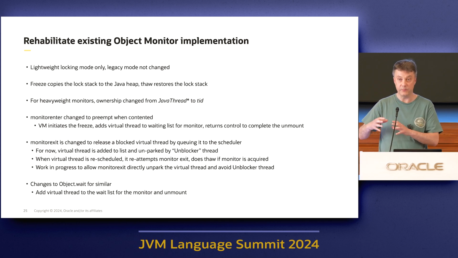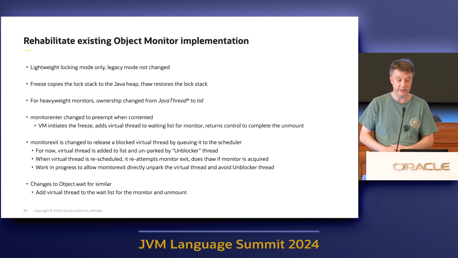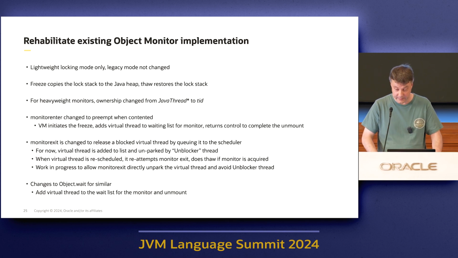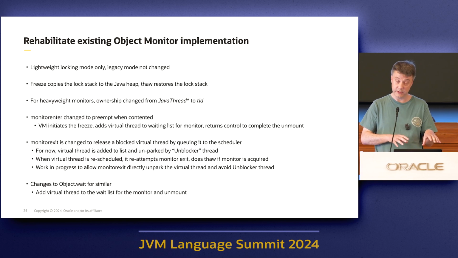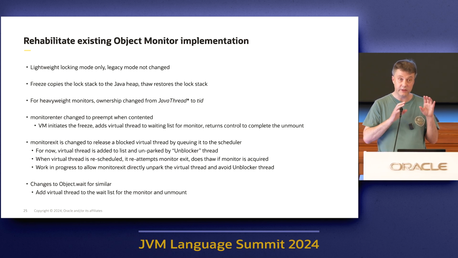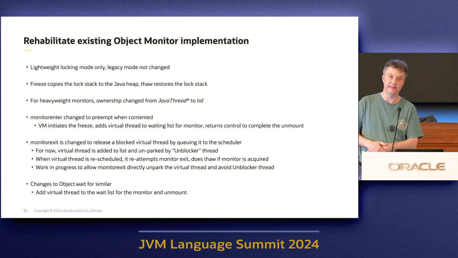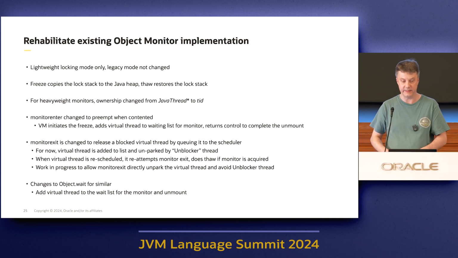So that has been improved and became the default then in 23. So this is nice because this is a lot simpler. This is the lock stack. So the implementation that has been done is solely for the lightweight locking mode. We don't care about the legacy locking mode because that's now deprecated and I think will be going away.